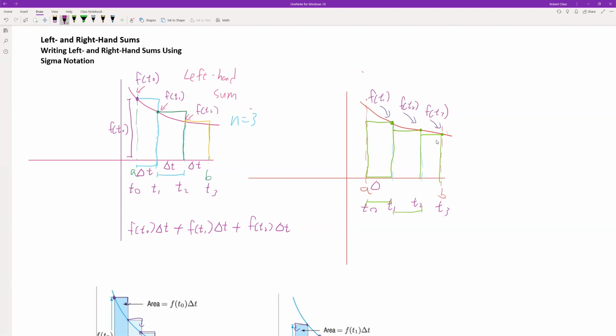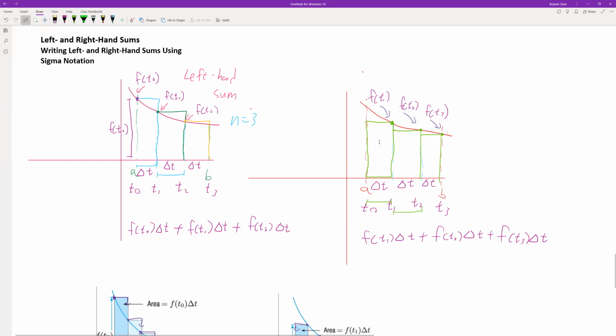Each one has the width of delta T. So the first rectangle area is delta T times the height, f of T1. So f of T1 times delta T plus f of T2 times delta T plus f of T3 times delta T.